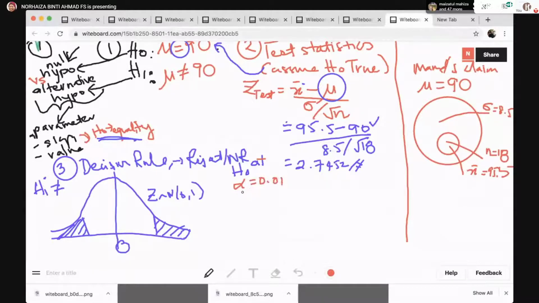Remember, alpha is the probability of making an error. Since I have a two-sided shaded rejection region here, this is going to be alpha over 2, and this is alpha over 2. So this is going to be 0.005, equals 0.005.